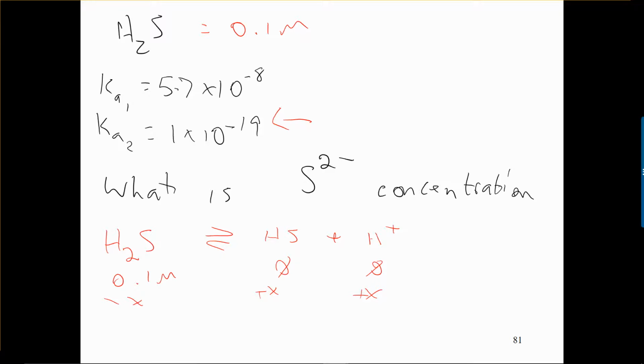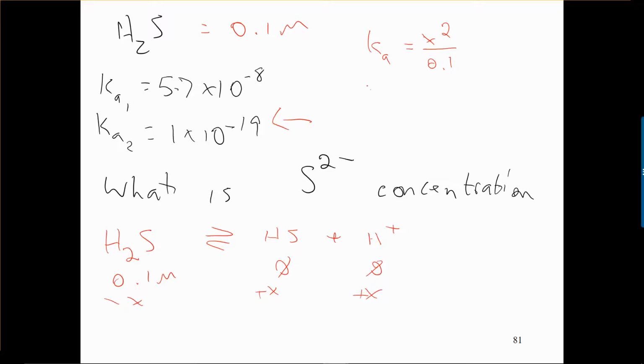That's what we need to do because the Ka here equals X squared over 0.1 minus X. So we can solve for X, and really we could probably go ahead and make the assumption of dropping X here because the Ka is so small compared to 0.1 molar of a solution.